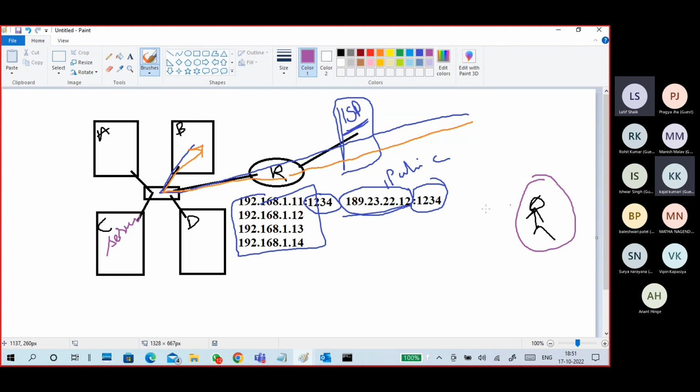He wants to access your server, and he got your public IP. Now he's sending a request to the public IP. He can reach up to here, but this public IP belongs to multiple private IP addresses, and that is also recognized by port numbers. That is also mapped in the port number form.